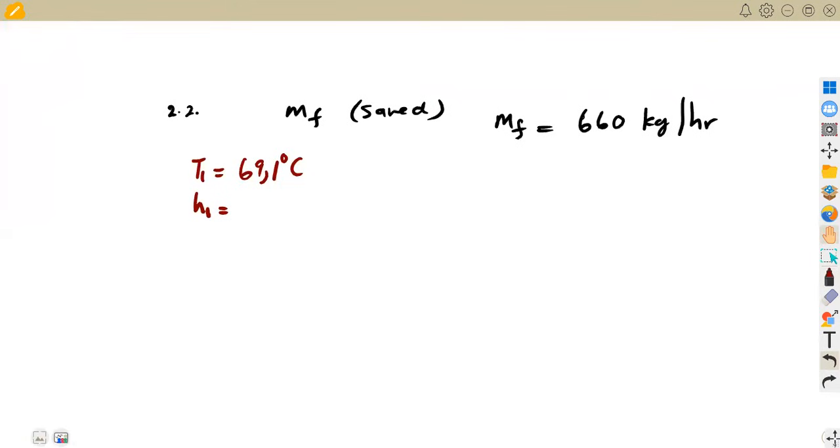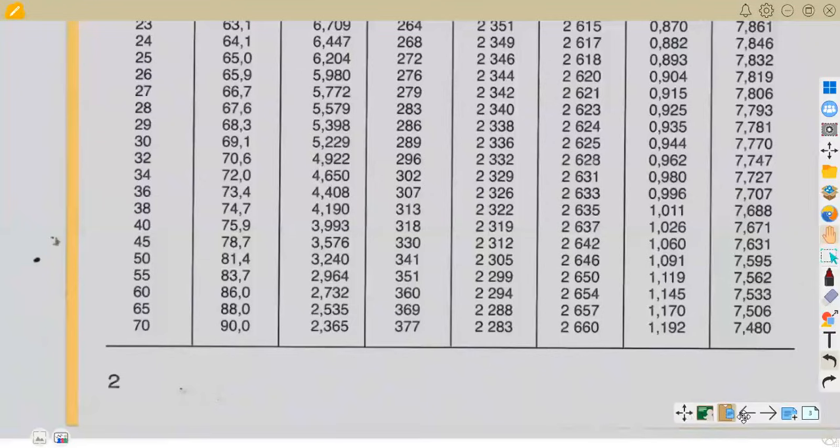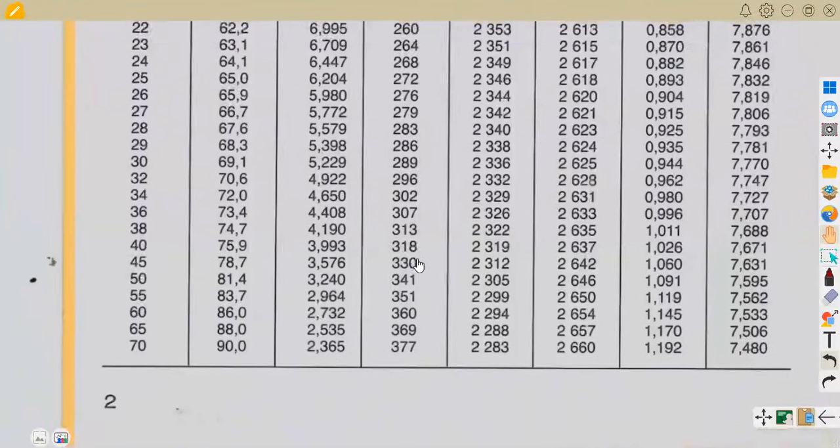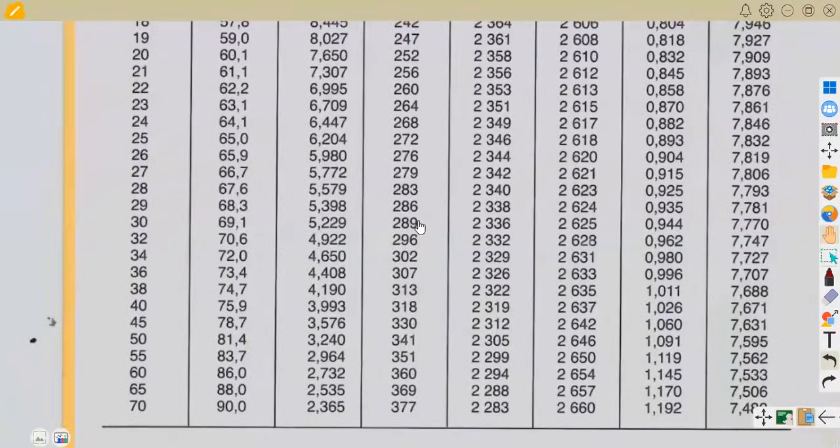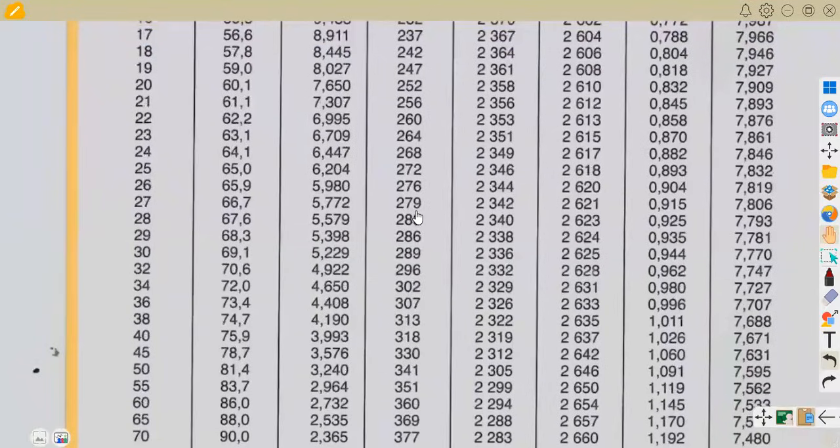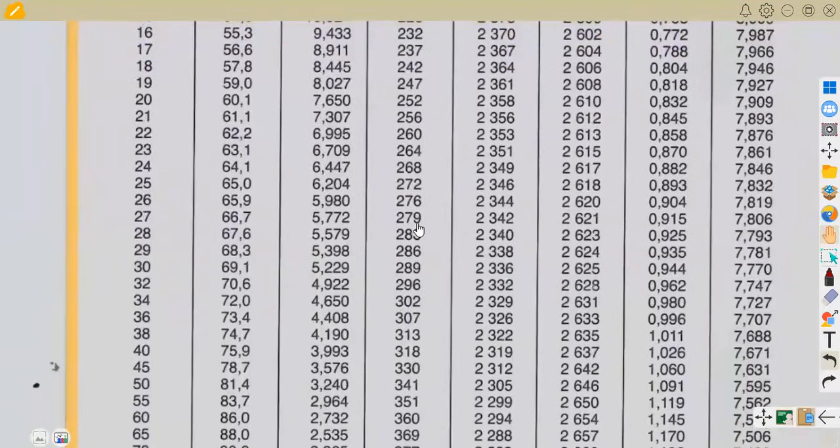So we are going back to our steam table again to check for a temperature of 69.1 degrees.